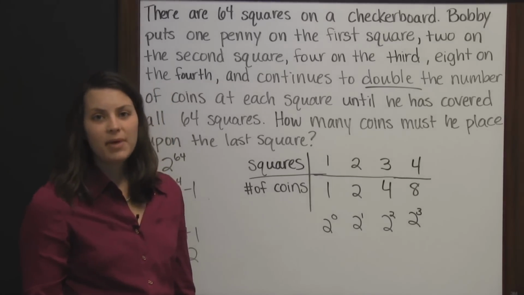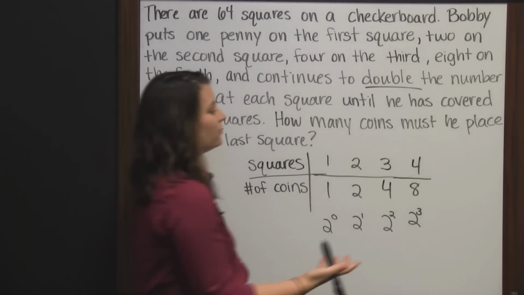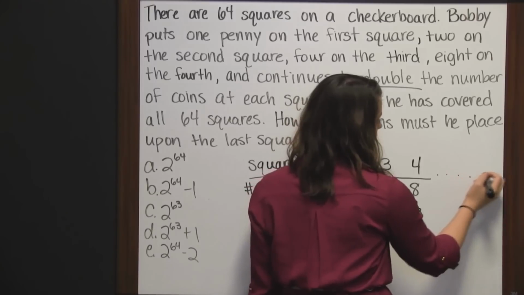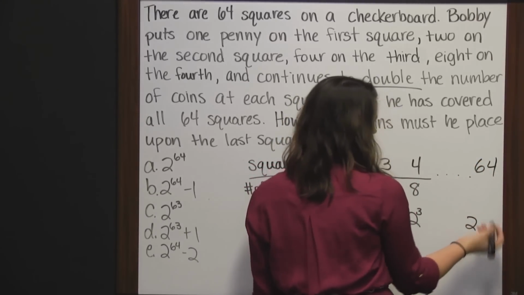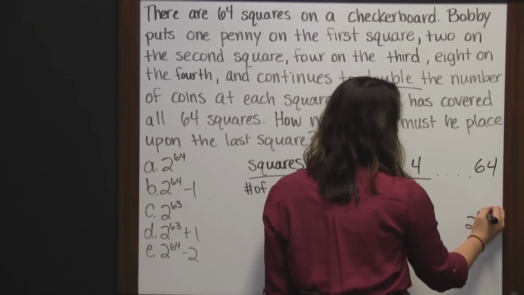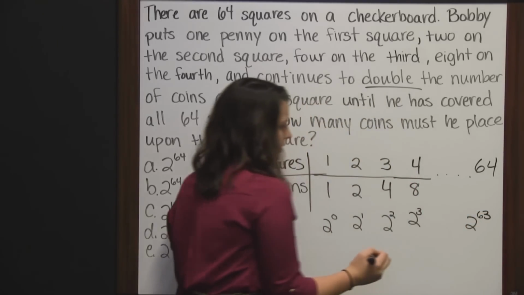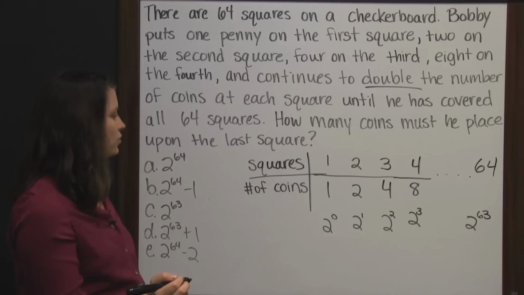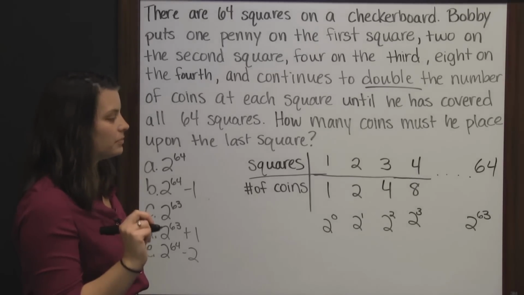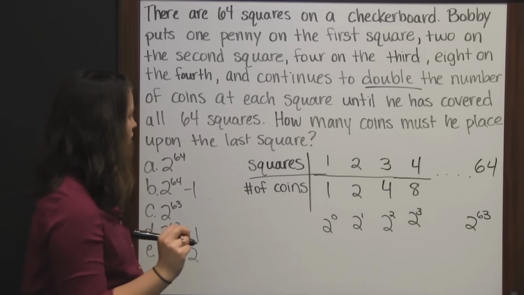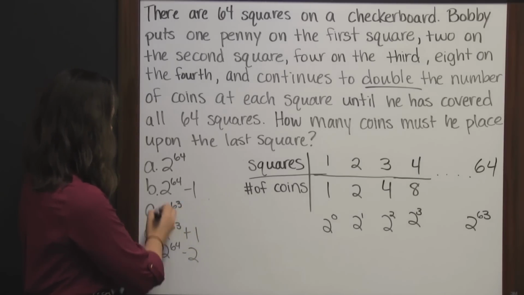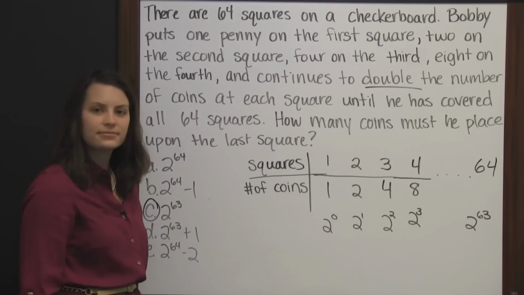So then how many pennies will be on the 64th square? Well, we know that we're going to have a base of 2, and our exponent is going to be 1 less than the square we're on. So we'd have 2 to the 63rd power number of coins on our 64th square, which is answer C.